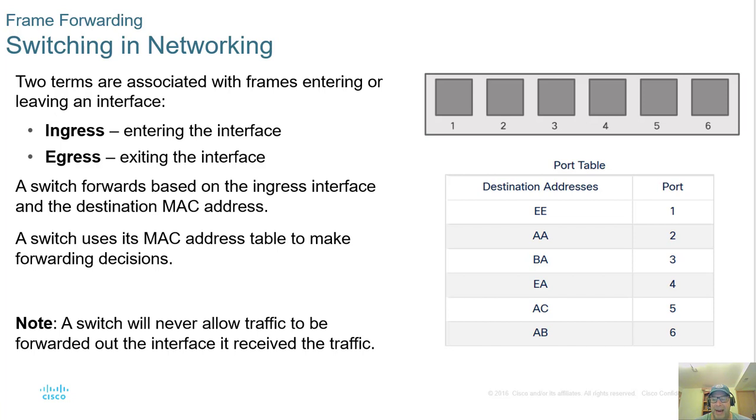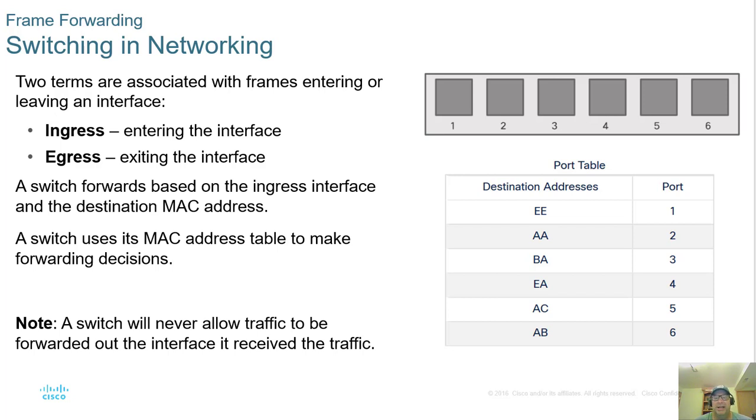The table itself is created through learning the addresses from the source MAC address. So when a device first turns on, and like I said, I don't want to get too deep into this because it was in other videos, but there's something called a gratuitous ARP message that is used.